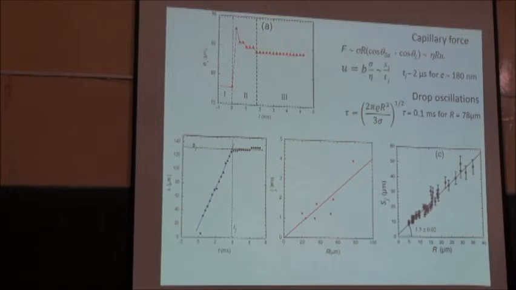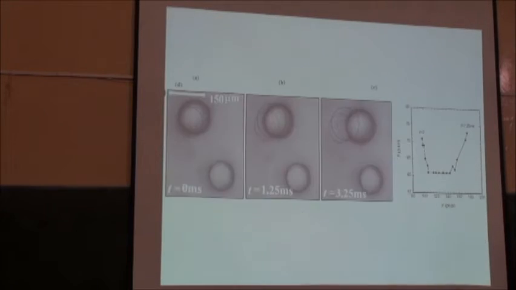So now, if you look at the capillary force, there is also some oscillation of the drop. You can calculate the drop oscillation, and that's typically, for a drop of 78 microns, as these drops here, 0.1 millisecond. So now you can measure the radius with time.